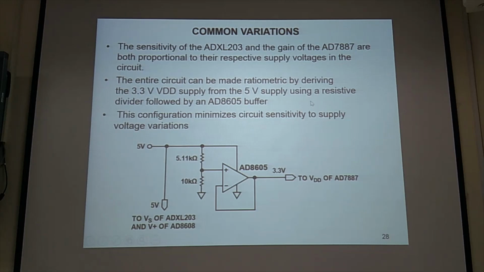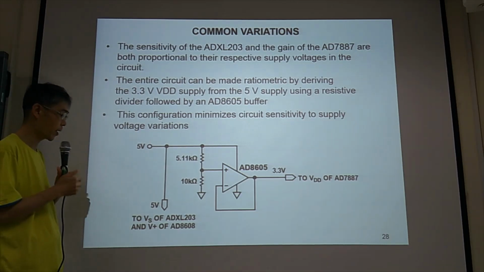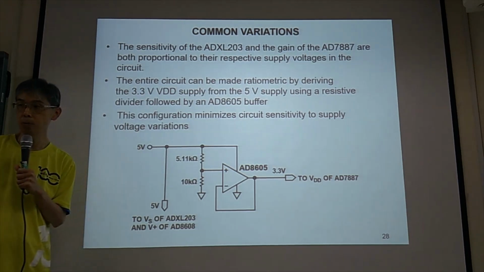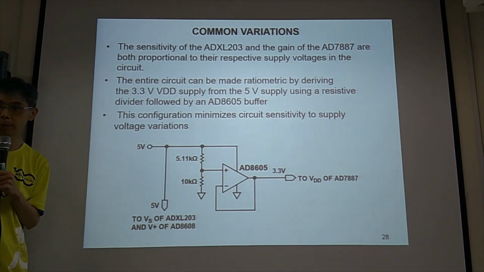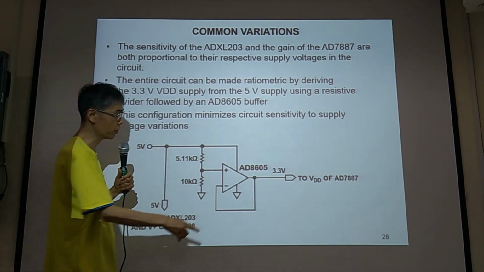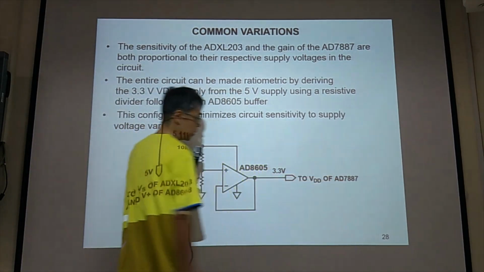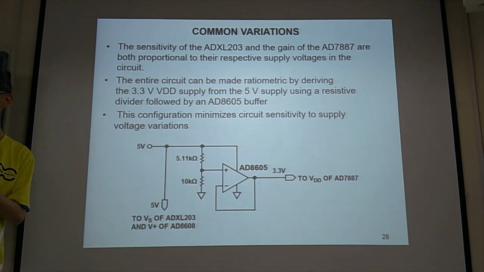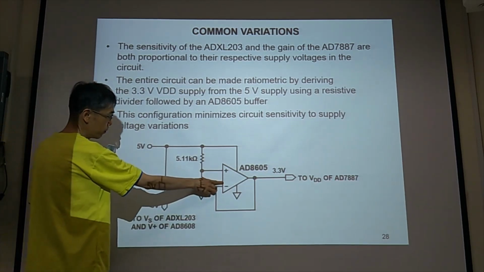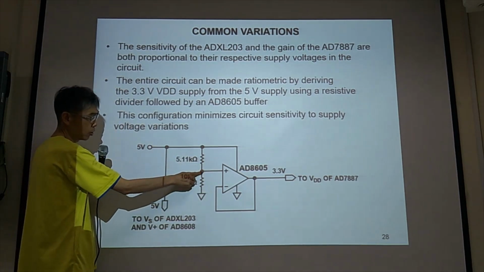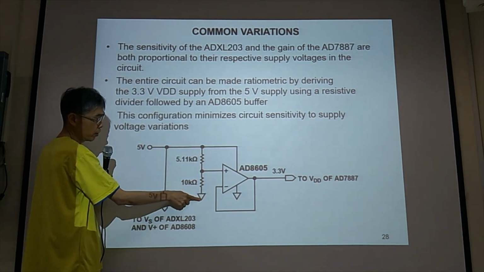Also, your bias. So we have 5-volt bias to the accelerometer, but we have 3.3 volt bias to your AD7887. In order to decrease the variation, you can use a simple op amp. Use this voltage divider.